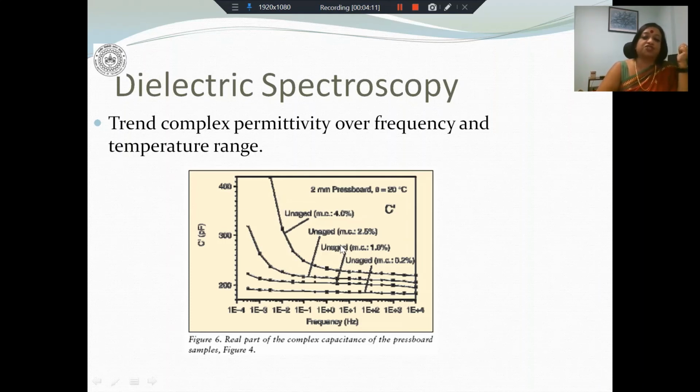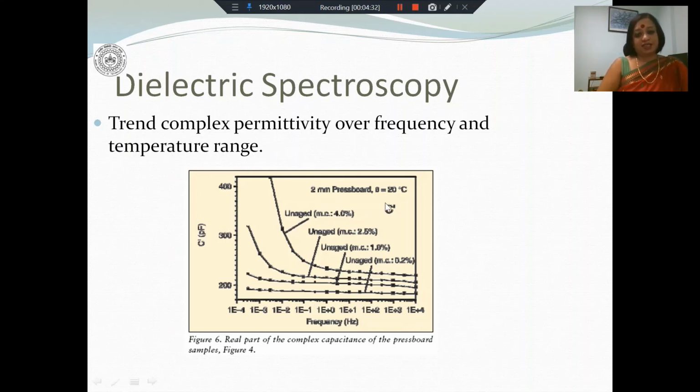So whatever addition has been there is instrumental in setting up low frequency polarization mechanisms which are absent in samples 1 and 2. So right here, the trend of the complex permittivity, or the real permittivity here, over frequency gives us an idea about the constituents of the sample.